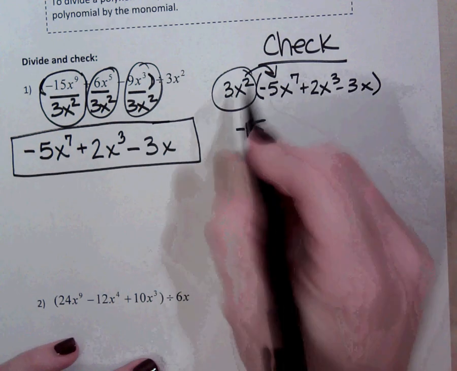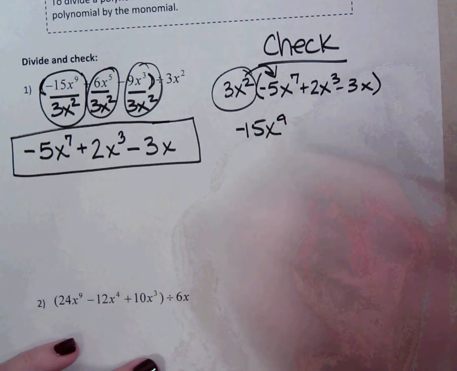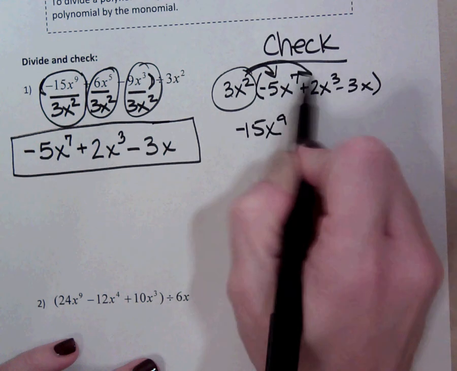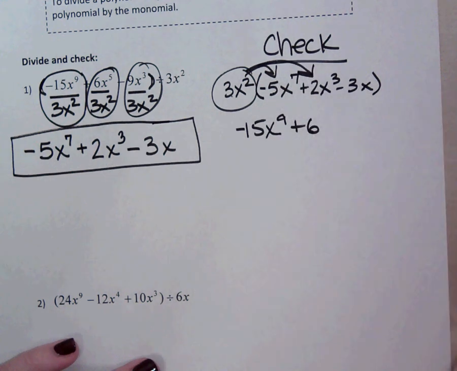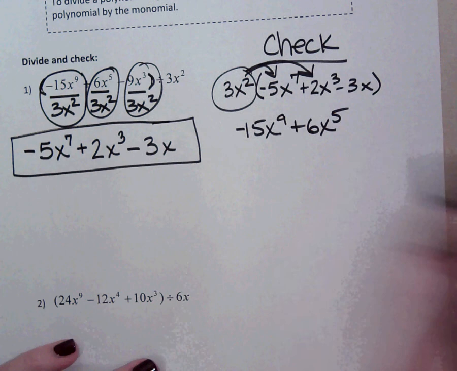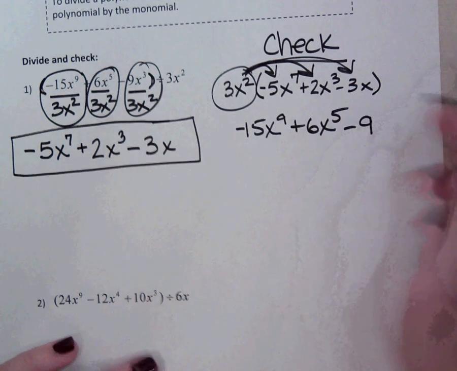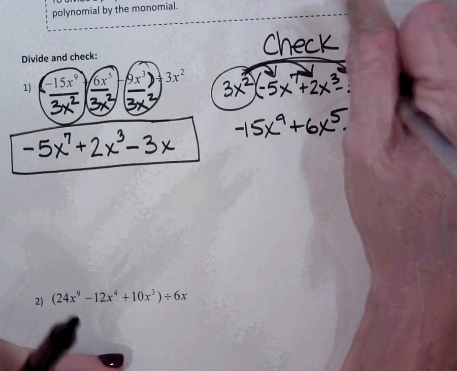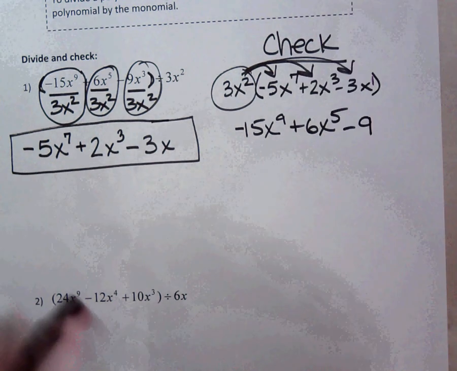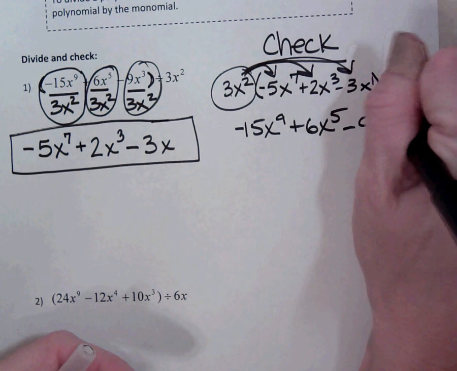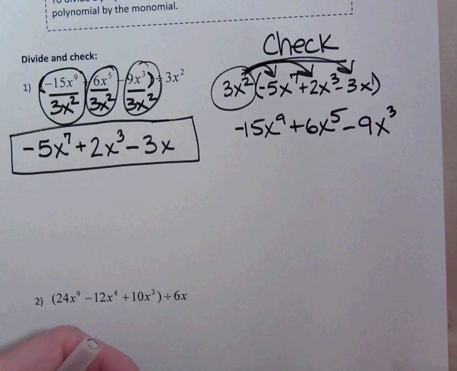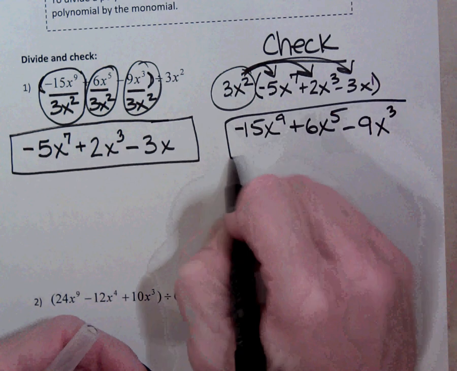And with the x's, I'm going to add the powers. So 2 plus 7 gives me 9. Here, 3 times 2 is 6. Again, I'm going to add the powers. So 2 plus 3 gives me 5. And now here, 3 times 3 is 9. This is first power. And 2 plus 1 gives me x cubed. Sorry.